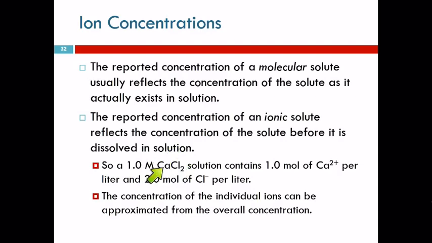But when this dissolves, it actually forms 1 mole of calcium ions and 2 moles of chloride ions per liter. Usually we don't really talk about the concentration of the ions, we just talk about the concentration of the compound as a whole. But the concentration of those individual ions can be approximated from the overall concentration.